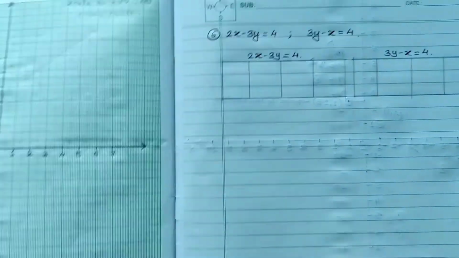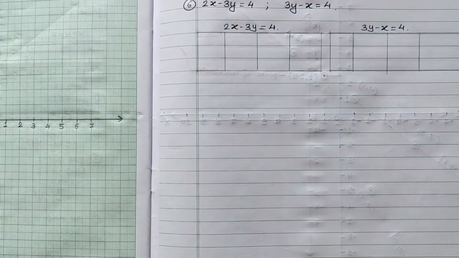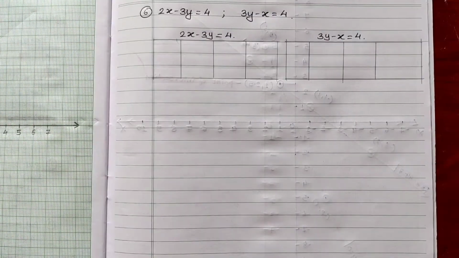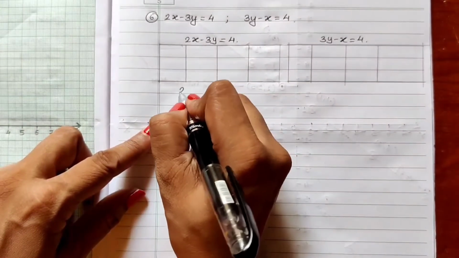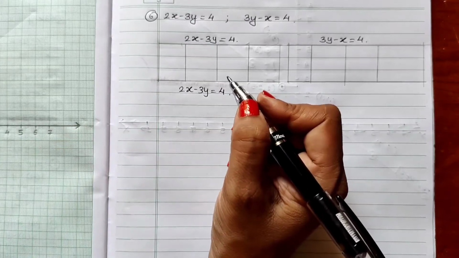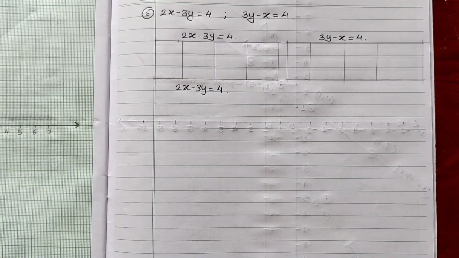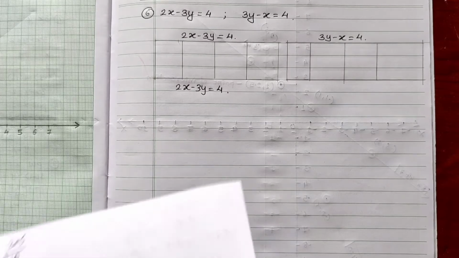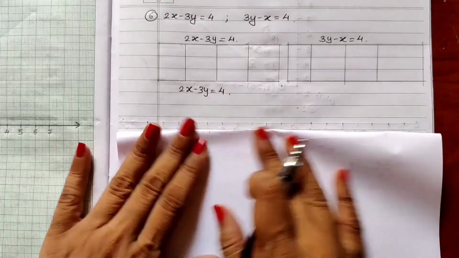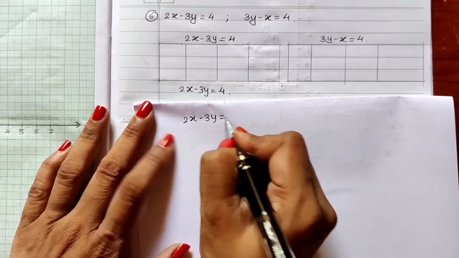Okay, so here it is, my graph book. The first equation is 2x minus 3y is equal to 4. I will be solving it in rough, and I will be showing you on my page. So 2x minus 3y is equal to 4.